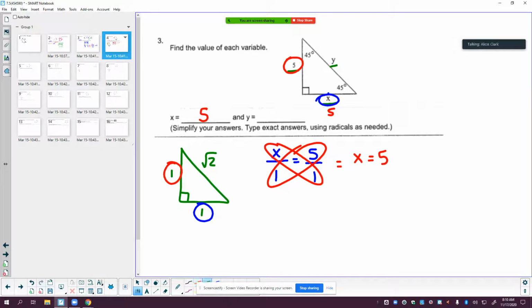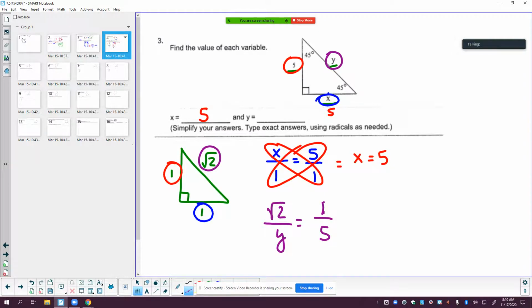Then we're going to write a second proportion, using the side that we know and the side that we're trying to find. We're looking at square root of 2 and comparing it to y. Use the side that we know: 1 is supposed to be 5.